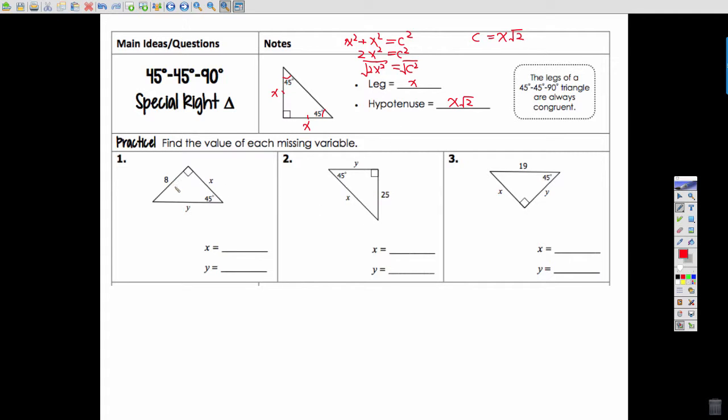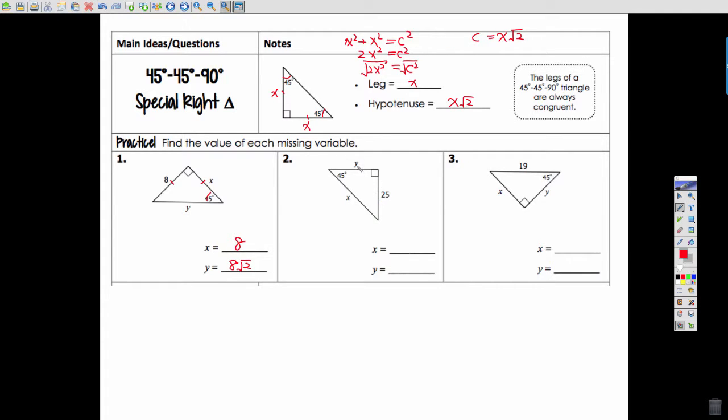So let's look at this. If I have 45 degrees, I have an isosceles right triangle. My two legs must be the same. So my x is 8. If my x, in this case my leg, is 8, my hypotenuse is just 8 root 2. Now look at this one.